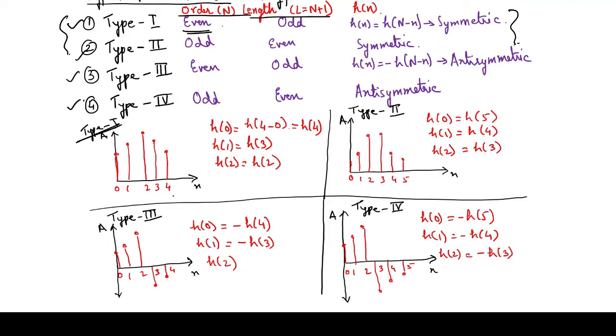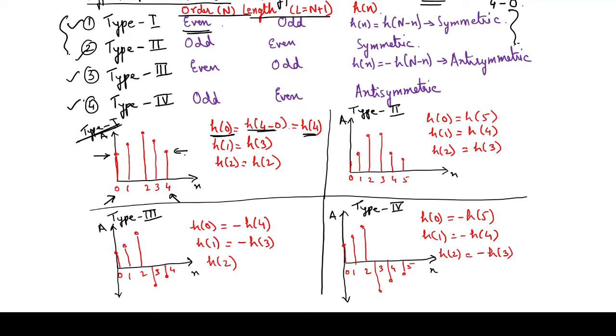So here the order is even: 0, 1, 2, 3, 4. The maximum n value is 4, so length is 5. Now if you see h of 0, we start with n equals 0. So h of 0 equals h of capital N minus 0, that is 4 minus 0, which is h of 4. So the amplitude values of h of 0 and h of 4 are the same.